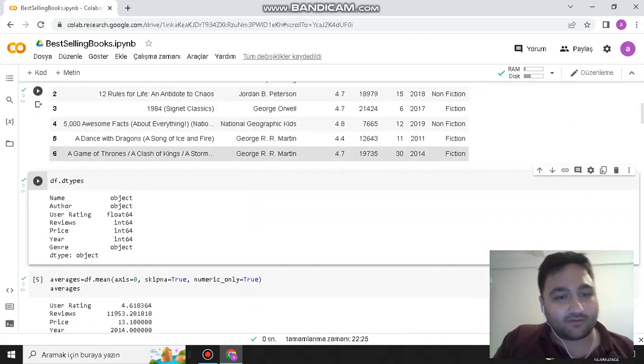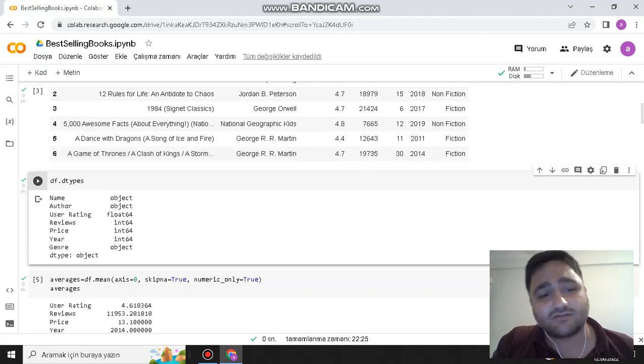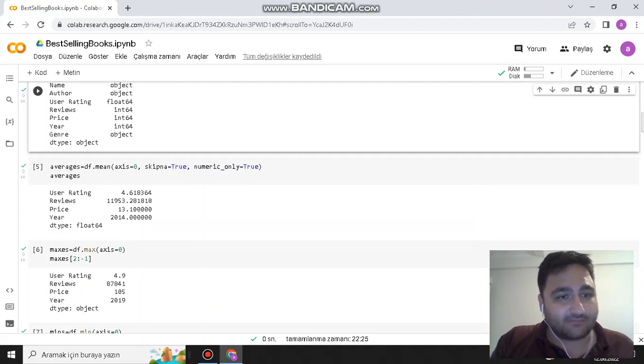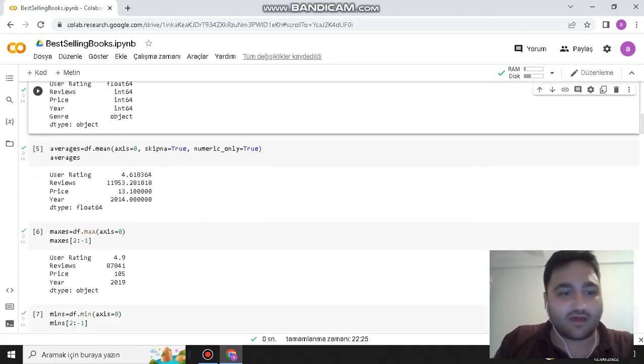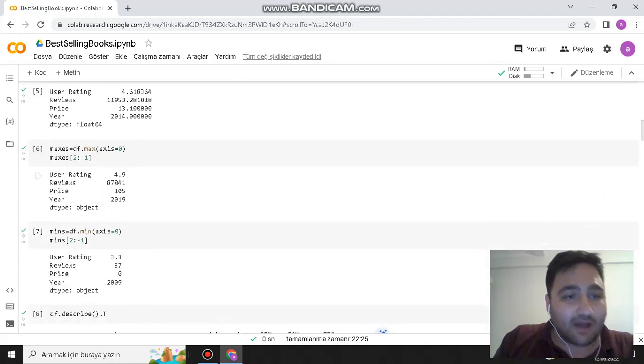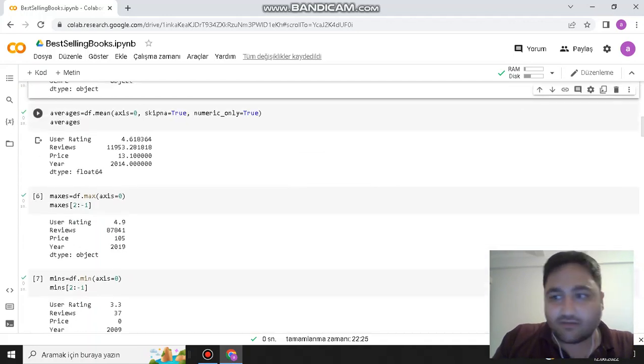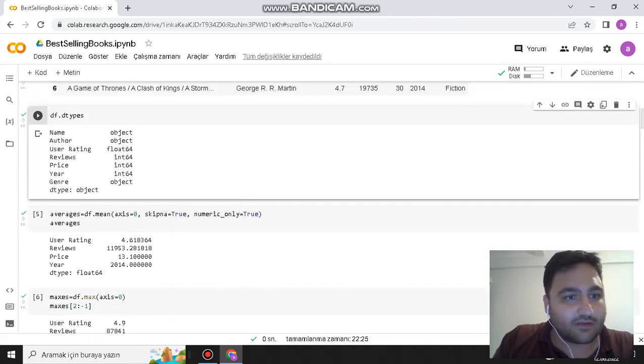So as we can see here, types are object, float, int, object. I'm showing the averages here and max ones. I use it like this because I didn't wanna include the genre and author and name.